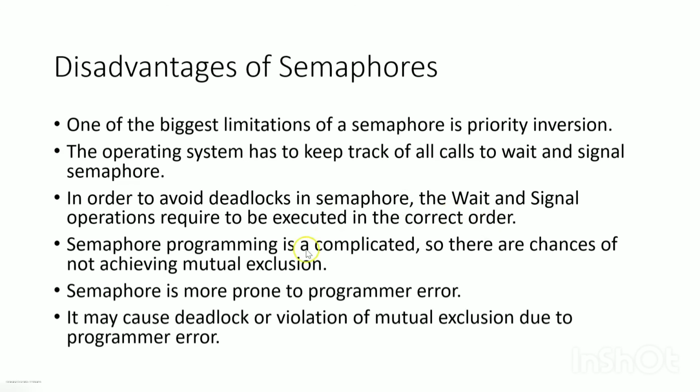Another problem is that they are more prone to error, and deadlock problems can also happen. Another important problem is that the programming of semaphores is complicated. You have to program it correctly. Otherwise, there can be deadlock or unbounded waiting.